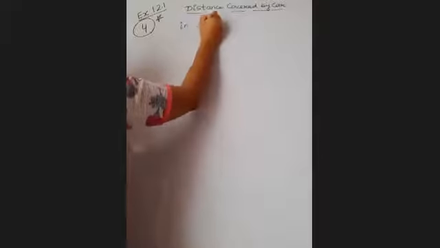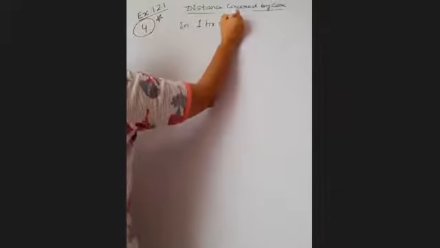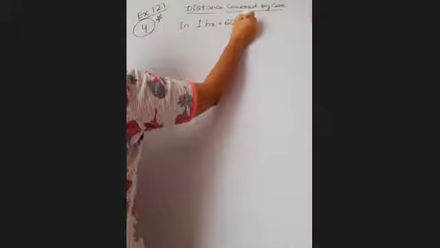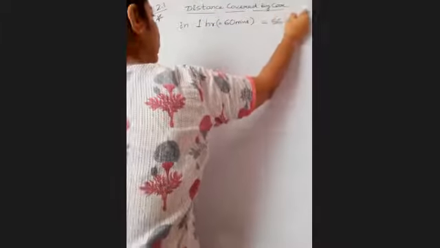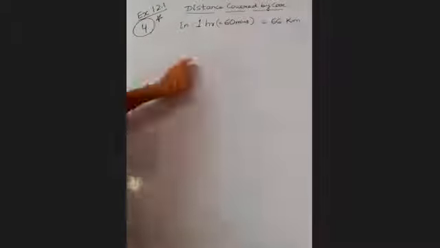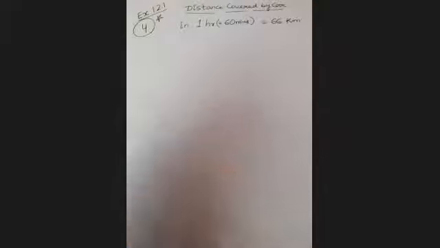In 1 hour, which is equal to 60 minutes, the distance is equal to 66 kilometers. This is by the definition of speed. I am not doing anything new here.